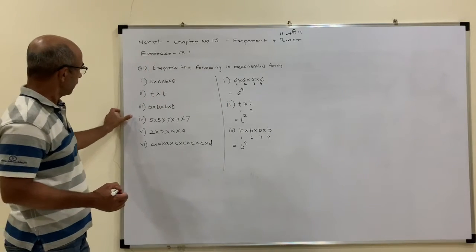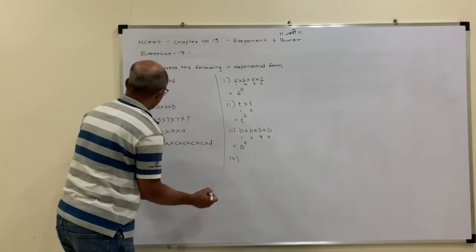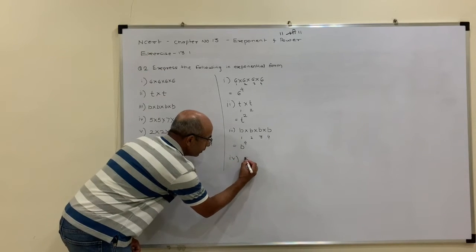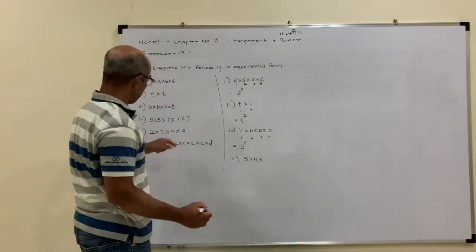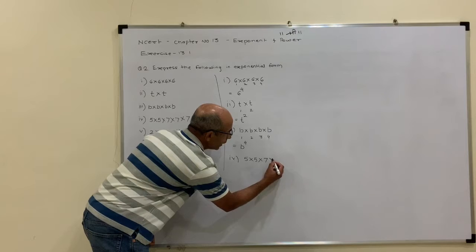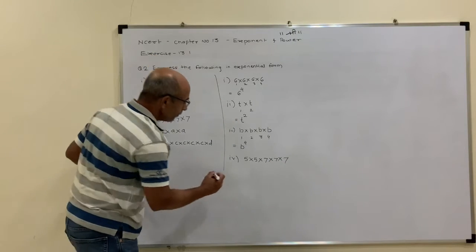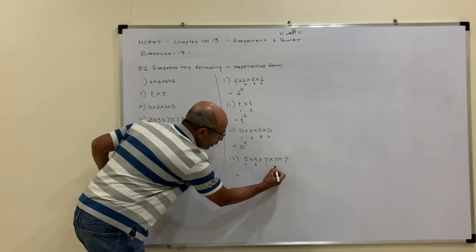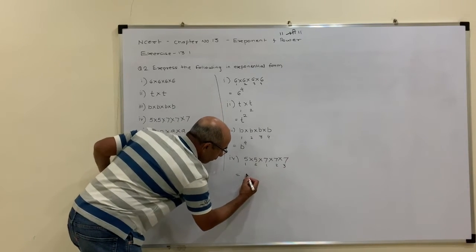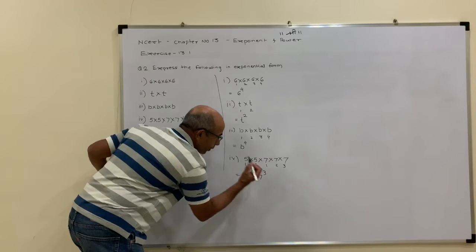Now the fourth one is 5 into 5 into 7 into 7 into 7. So in exponential form, 1, 2, then 1, 2, 3, 5 square into 7 cube.